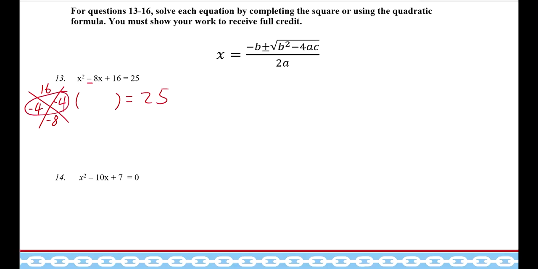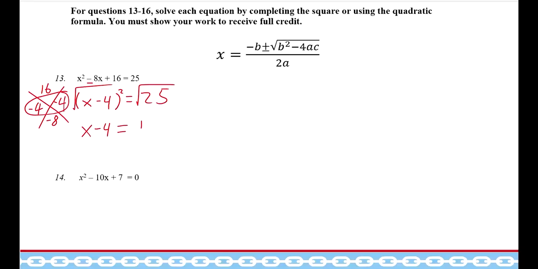Because the factor pairs are the same number, I'm going to have x minus 4 times x minus 4, which I could then simplify to x minus 4 squared. To solve from there, you would take the square root of both sides, right?